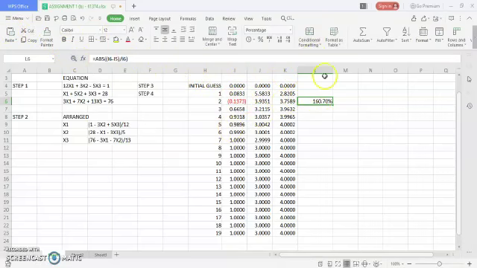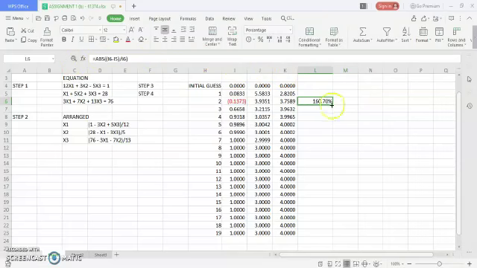Then I set these three columns in percentage, so that means I don't have to multiply by 100 over here. The actual formula has us multiply by 100, but since I put it in percentage, we don't have to do that.